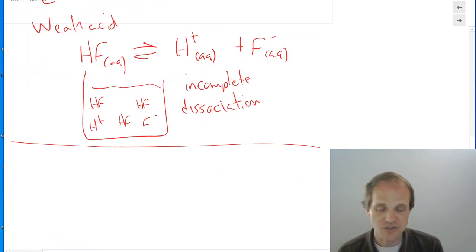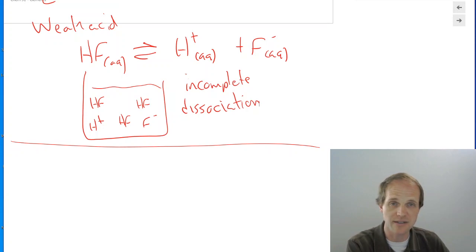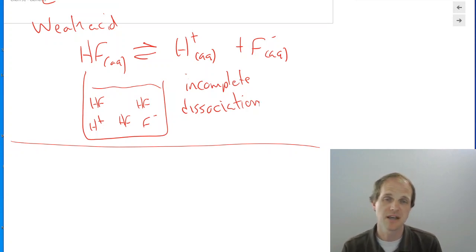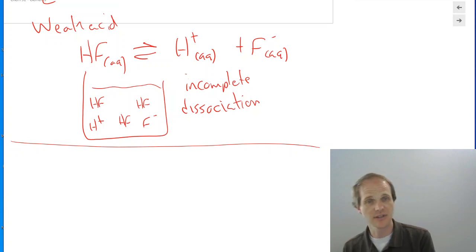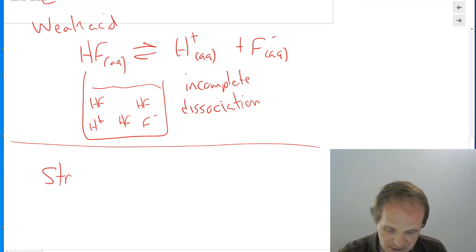We also need to know our strong and weak bases. The exact same stuff occurs, right? A strong base completely dissociates in water to form OH minus. A weak base doesn't. And just like the strong acids, there's only a few strong bases that you do need to recognize, and so we will list those here.